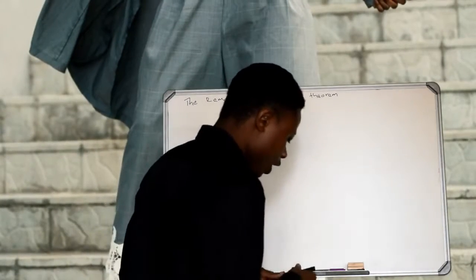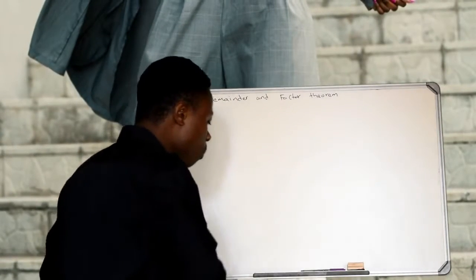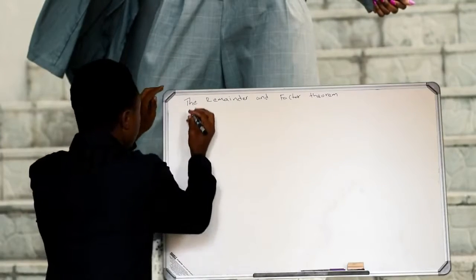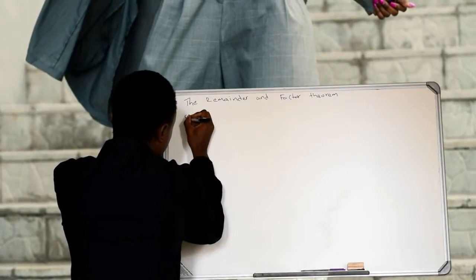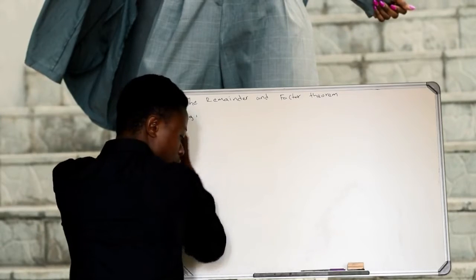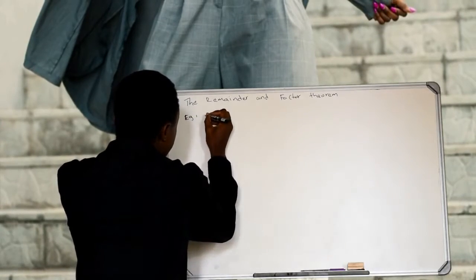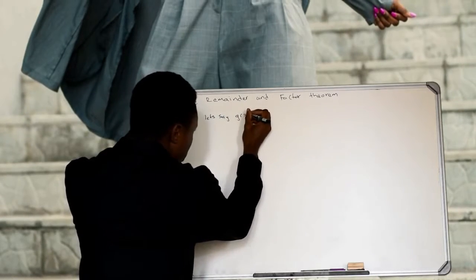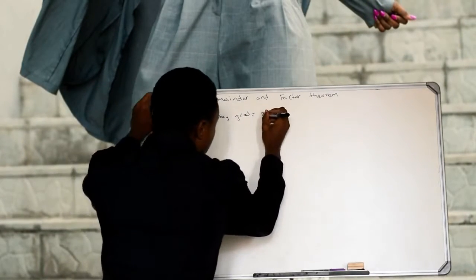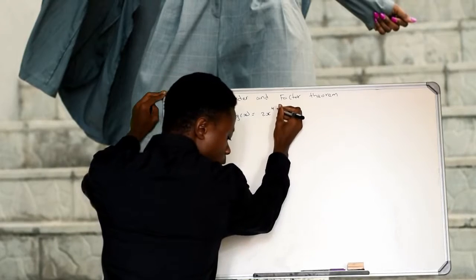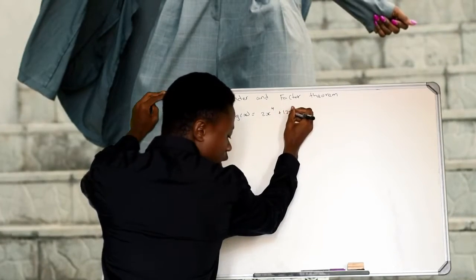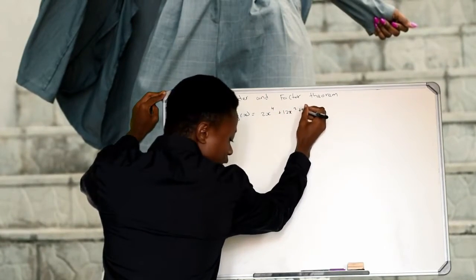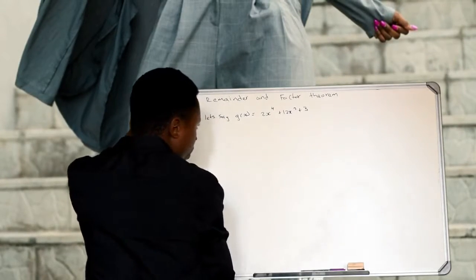Okay, so example 1. This is the first example on the remainder theorem. Let's say g of x is equal to 2x to the power of 4 plus 12x cubed plus 3, right?